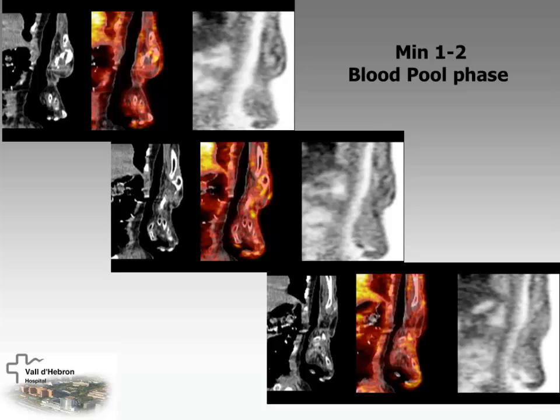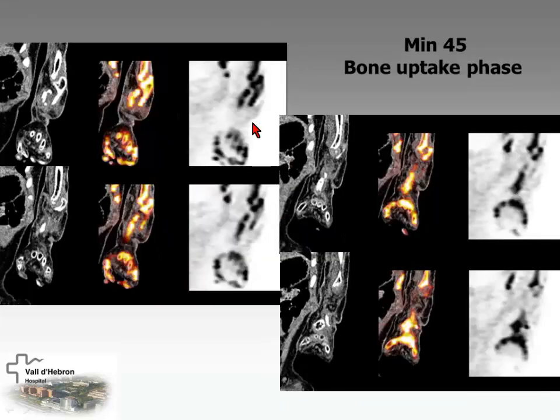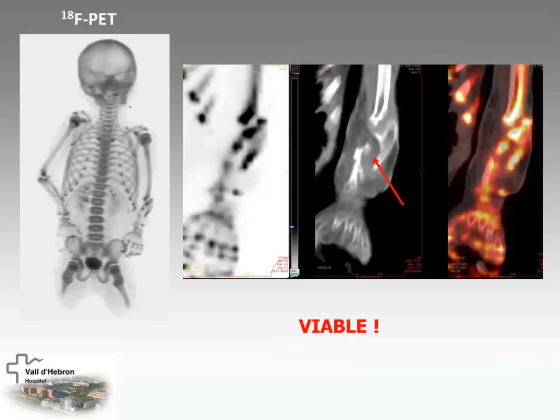What can we see here? We can see an inflammatory process around the shoulder arthrosis and nothing else. And here on the delayed bone uptake images, you can see that the supposedly non-vascularized segment of the bone is viable because it has big uptake, and the biggest uptake is in the area of the shoulder arthrosis.